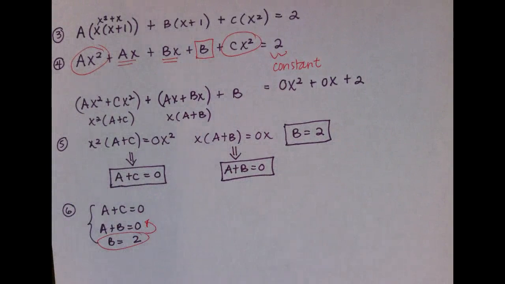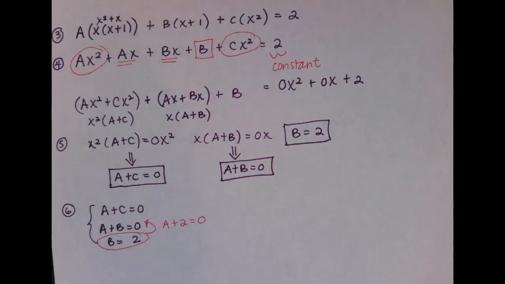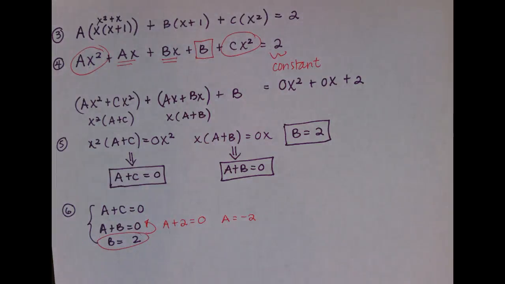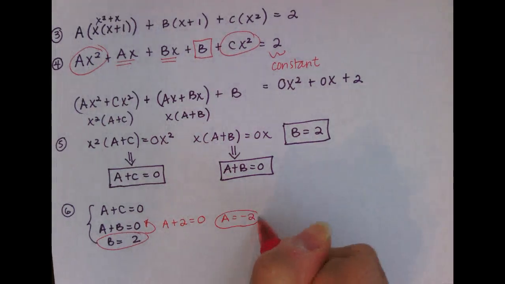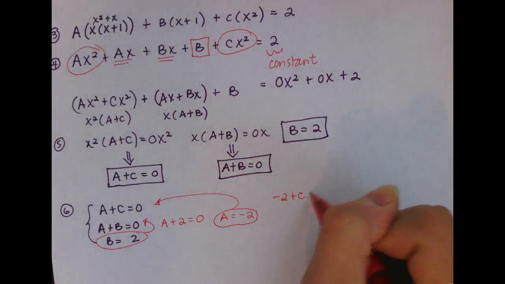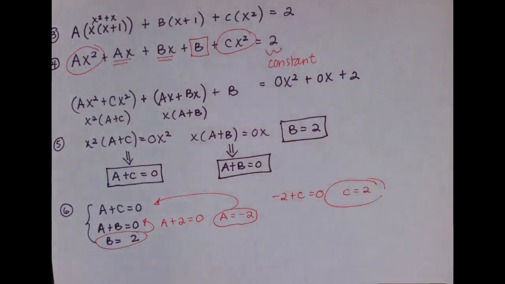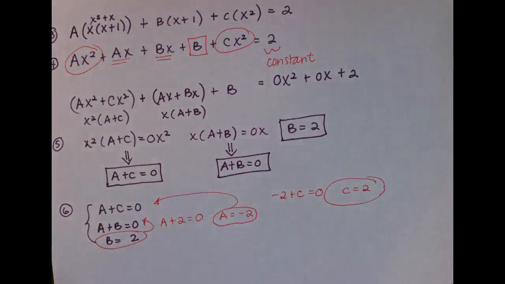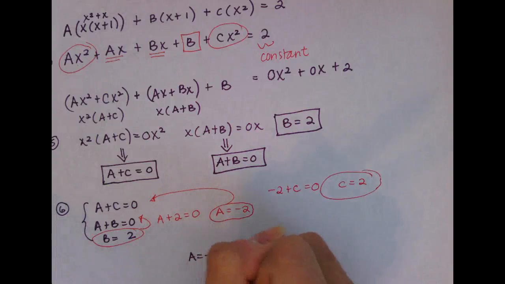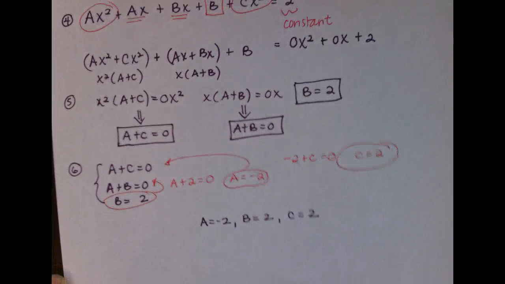So if I know that b equals 2, then I can plug that into this equation in the middle here and find out that a has to equal negative 2. And once I know that a equals negative 2, I can plug that into my first equation to get c, and I find out that c equals positive 2. So I've got a equaling negative 2, b equaling positive 2, and c equaling positive 2.